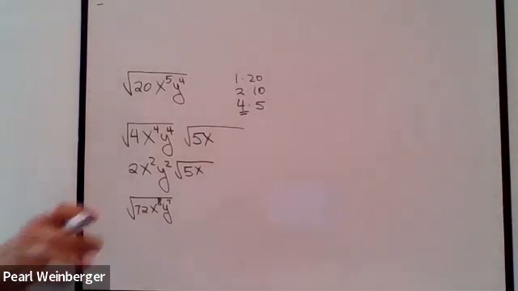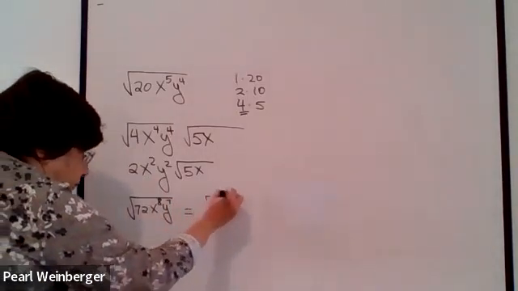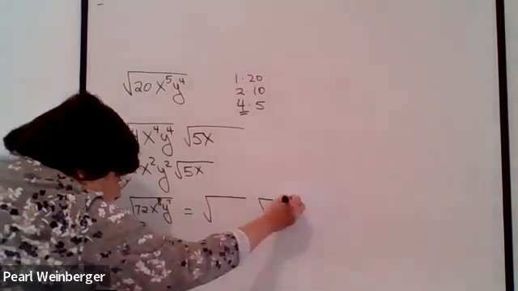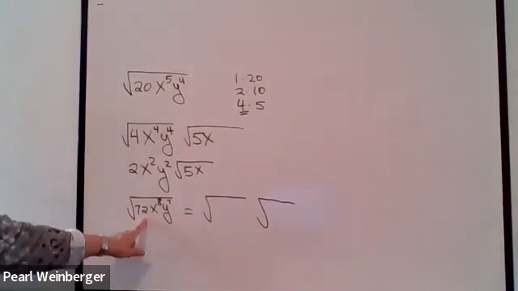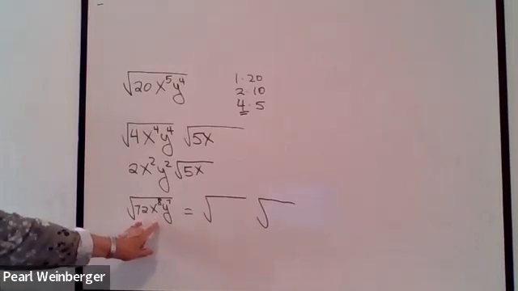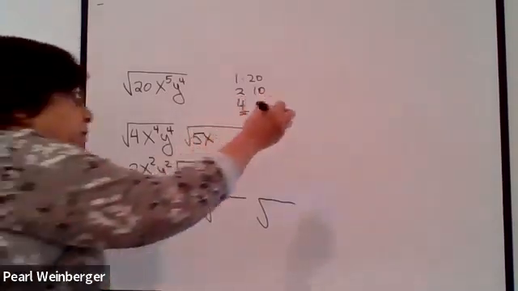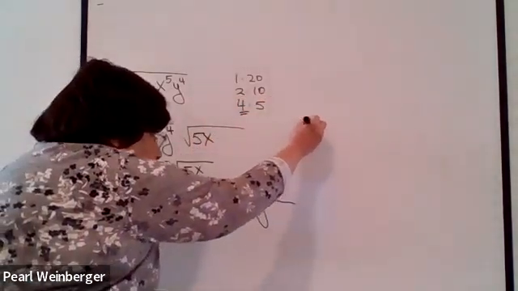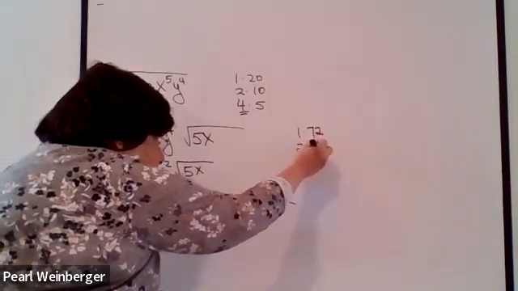Okay, let's see if we can work on this together. We want to simplify it, so we're going to break it up into our two radicals. Now, the 72 is going to be the harder part to deal with. So let's do what we've been doing before. We have 1 times 72. Then we have 2 times 36.